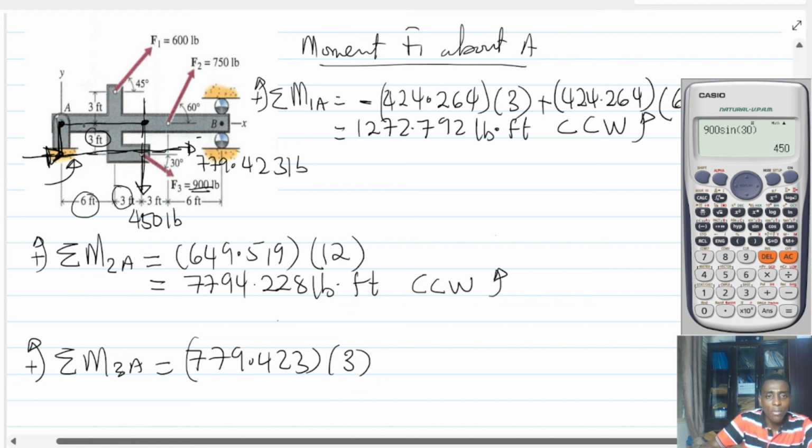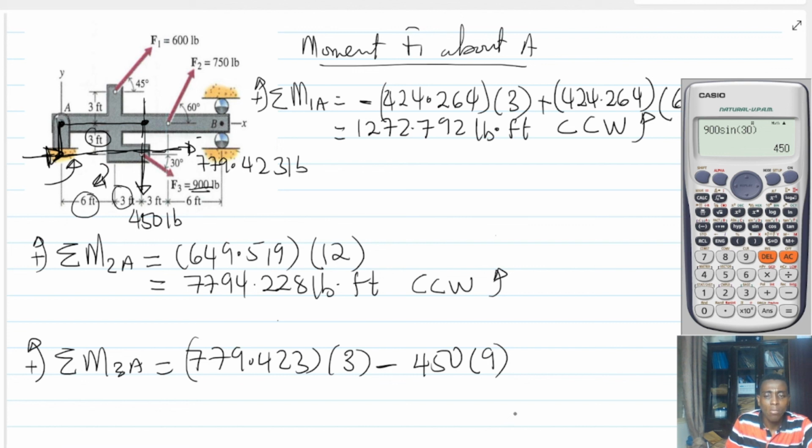But then the moment of the 450-pound force is going to be what? Clockwise, it's going to come in that sense. So minus 450 multiplied by what? 6 plus 3, which is 9. Is that right? So what is that going to be? So 779.423 multiplied by 3 minus 450 multiplied by 9.